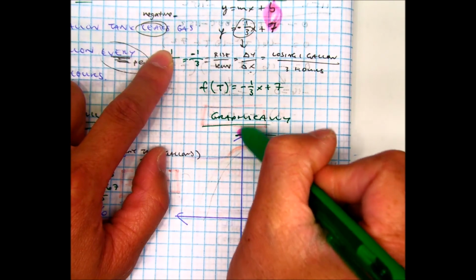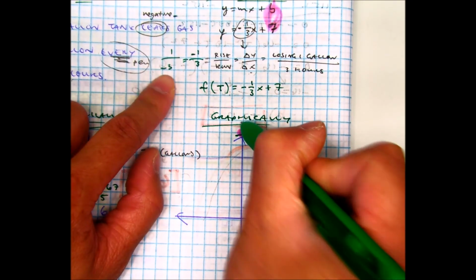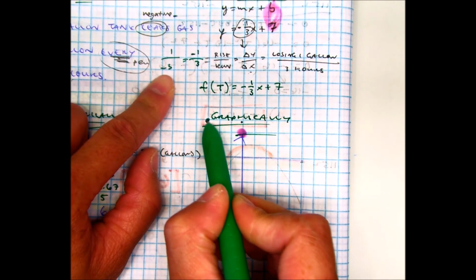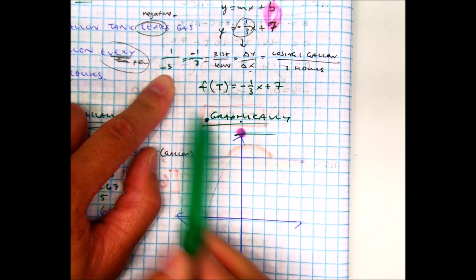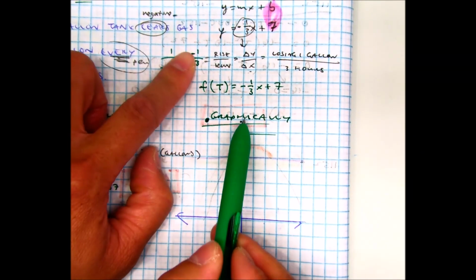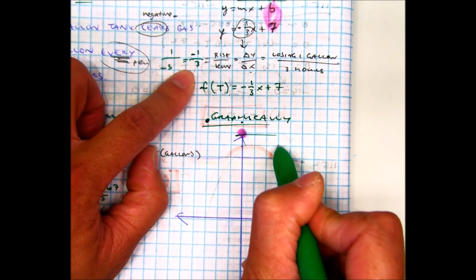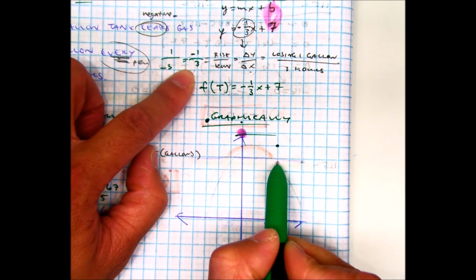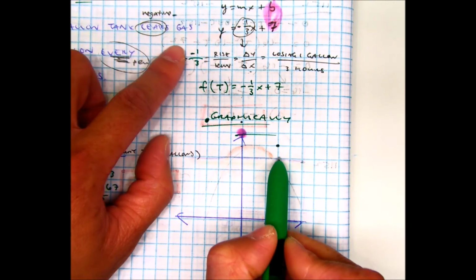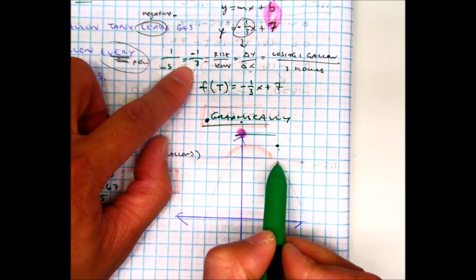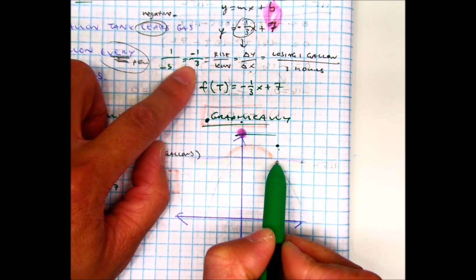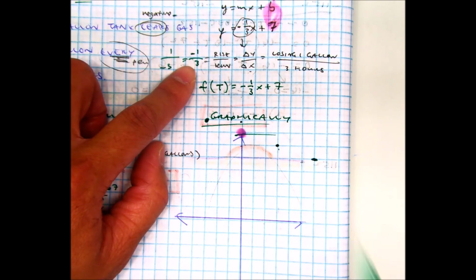Rise of 1, run of negative 3, which is left. Let's just say I don't have enough space in my graph, so I want to go in this direction. Down 1, right 3. Down 1, rise of negative 1. Rise is up and down. Run is left to right. It's positive, so it's going to the right. Straight edge.